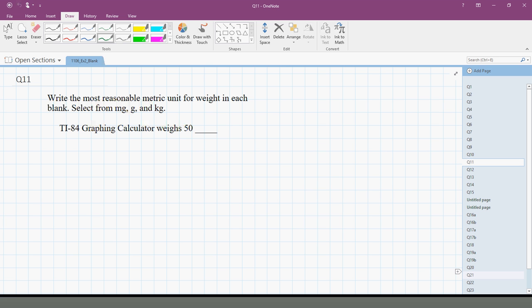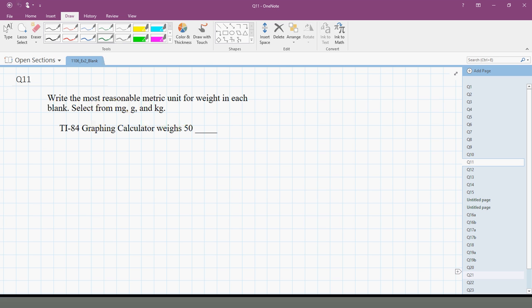So here we're talking about weight. We've got milligrams, grams, and kilograms. Remember we talked about this in class. Milligrams, think like the weight of a pill. Kilograms, think like pounds. And grams, well, if it's not milligrams and it's not kilograms, then it's a gram. So if we're looking at your TI-84 graphing calculator, the weight of the calculator is 50 what?